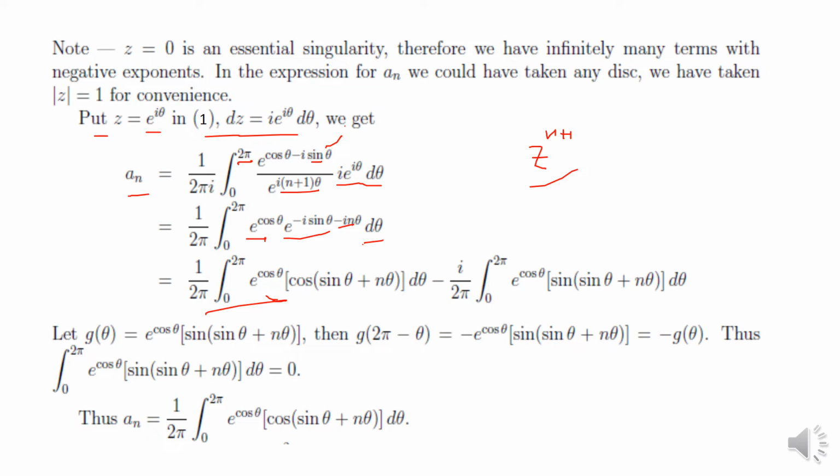So here we can write e to the power cos theta, and in this e to the power minus i we take common, and sin theta plus n theta is there.